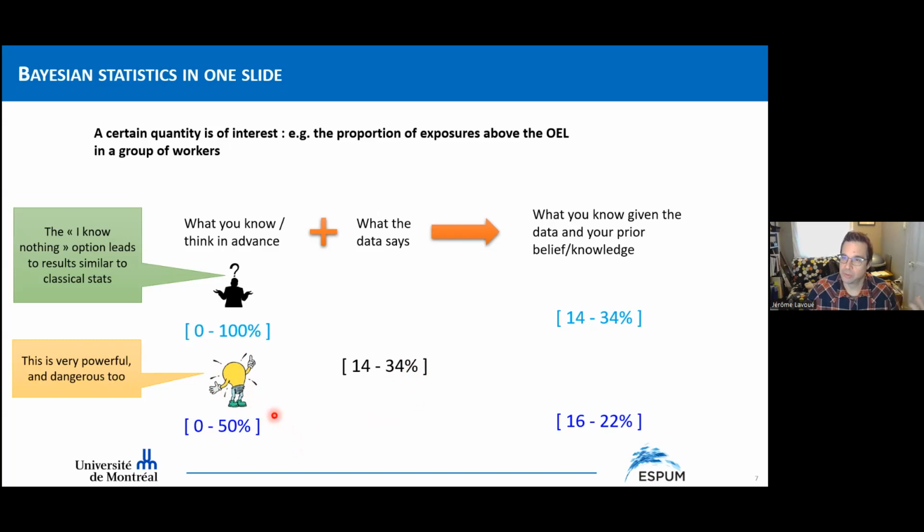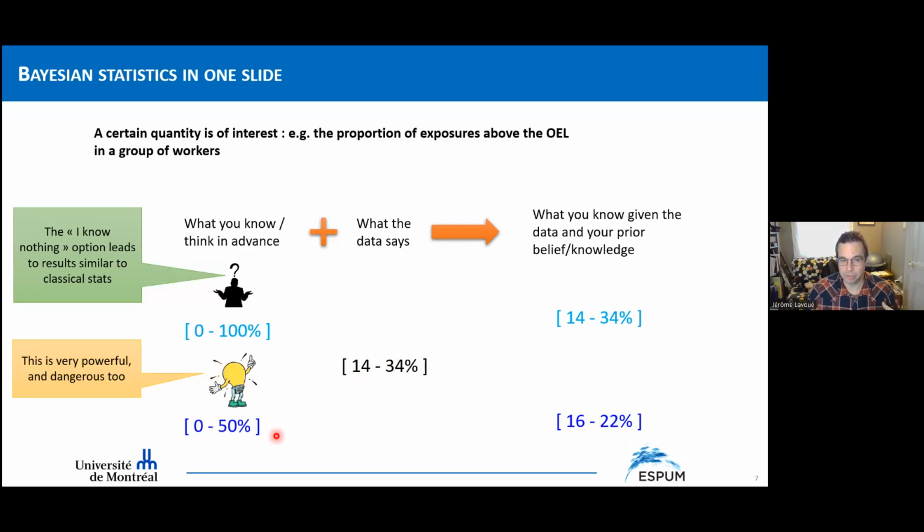But you need also to be aware that it is a double-edged sword, because if your prior information is of poor quality, this poor quality is going to be translated to the final result, right? It's exactly the same as the data. If your data is of poor quality because you didn't take representative samples, it's also going to affect your results.